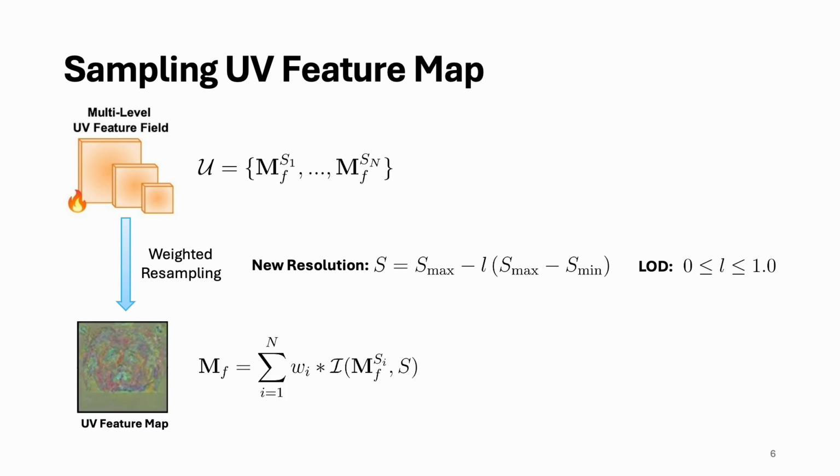The sampling is based on this equation, where the blending weight W is calculated based on how close the expected resolution is to the current feature map in the UV feature field. And I is the 2D bicubic interpolation function.